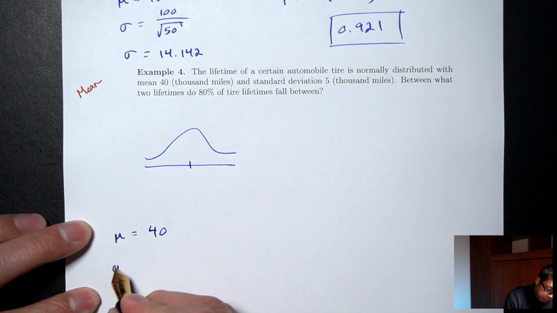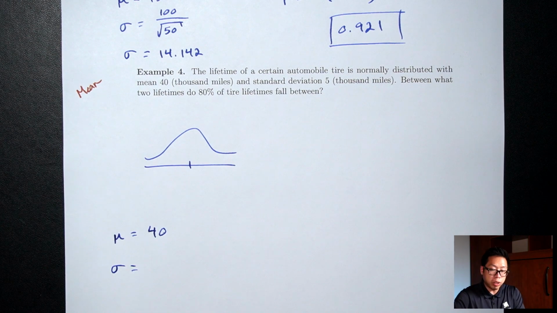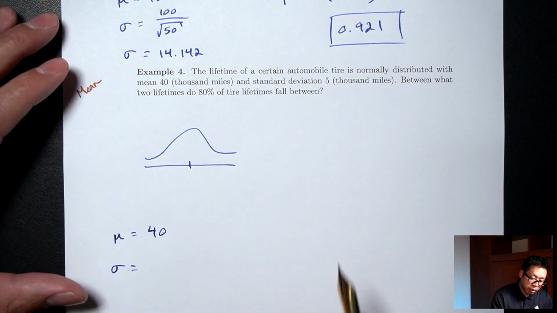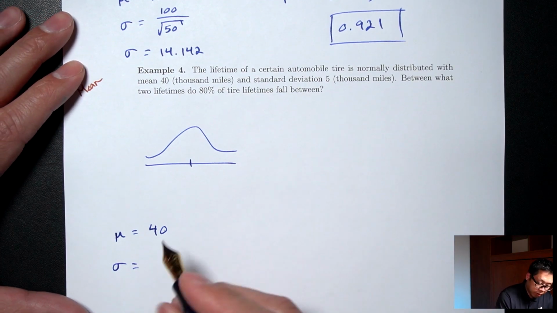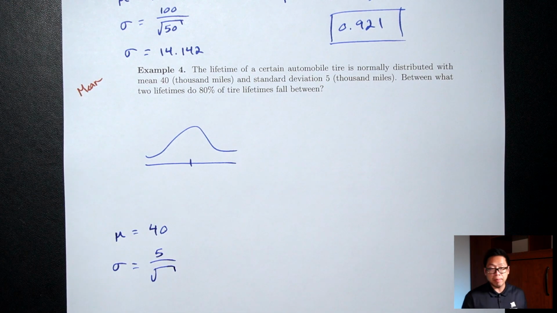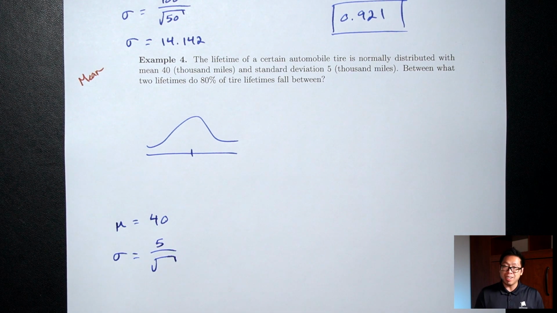Standard deviation is going to be the original standard deviation of the population divided by square root of n. So original standard deviation, 5, over square root of n. So n here is sample size. How many people are we selecting? In this case, we're talking about tires. How many tires are we selecting?